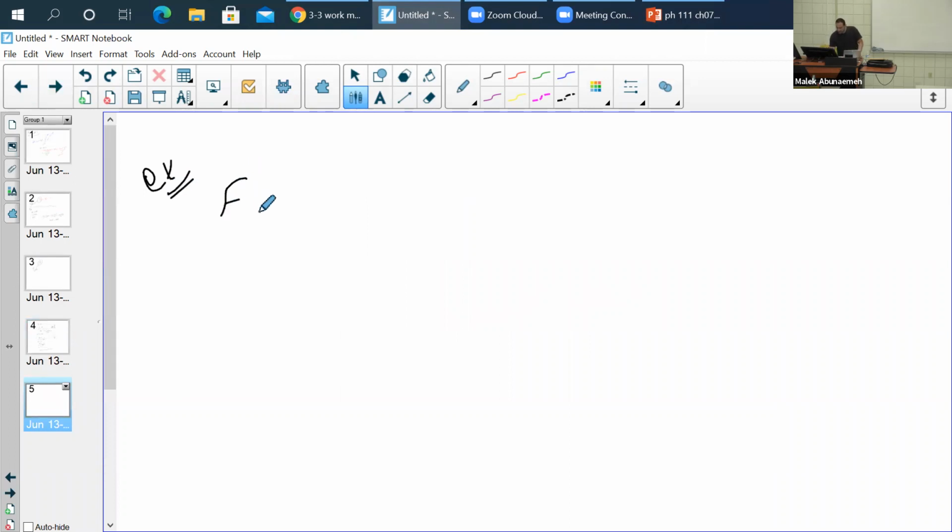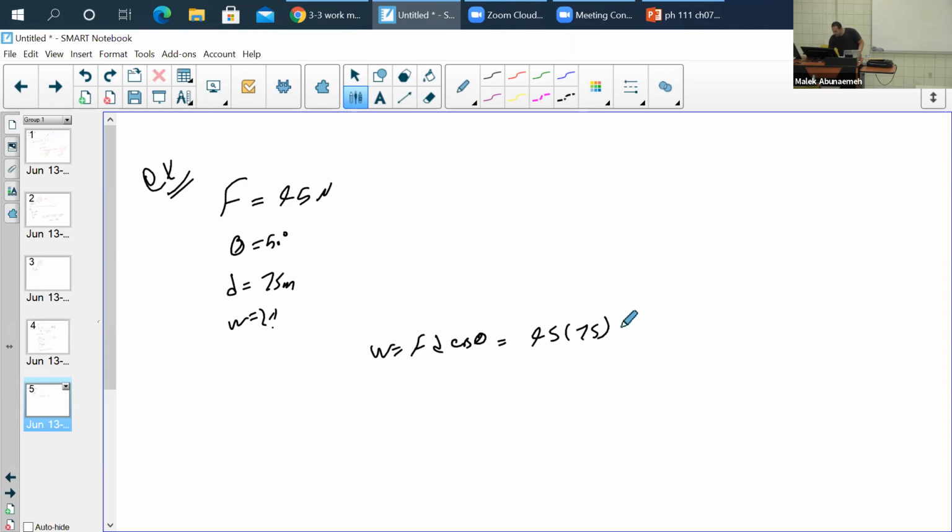Your force is 45 newtons, your angle theta is 50 degrees, and your displacement d is 75 meters, and you want to find the work, which again is your force multiplied by distance multiplied by cosine of the angle. So that's going to equal 45 multiplied by 75 multiplied by cosine 50. Okay, plug it in.